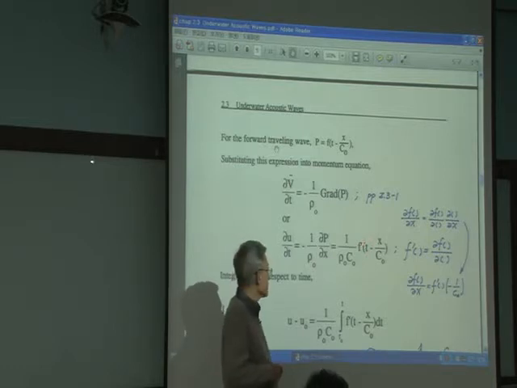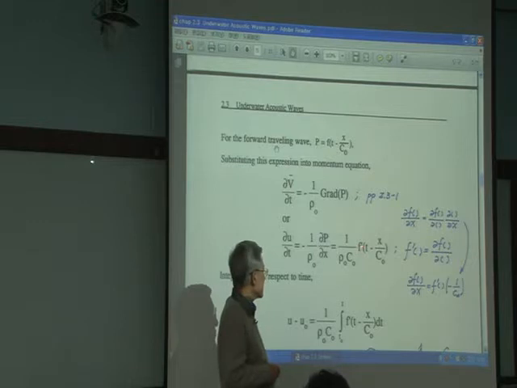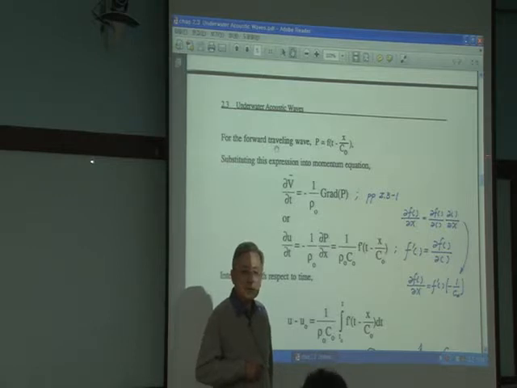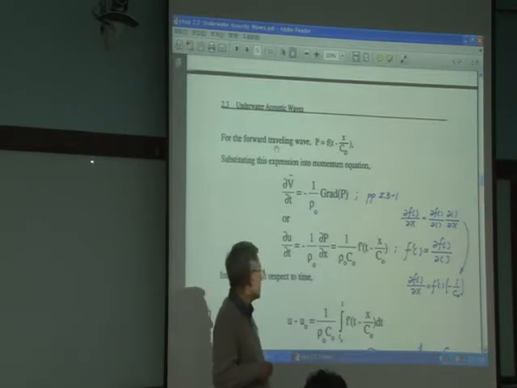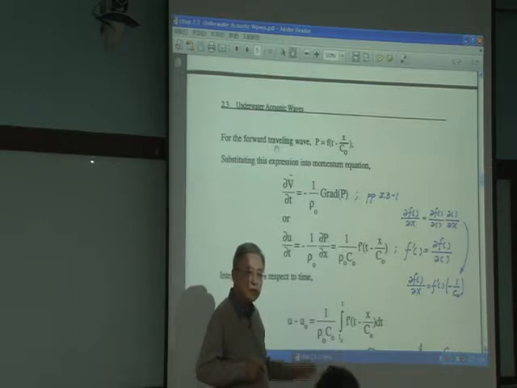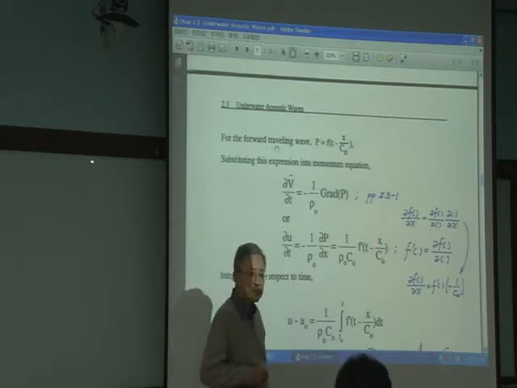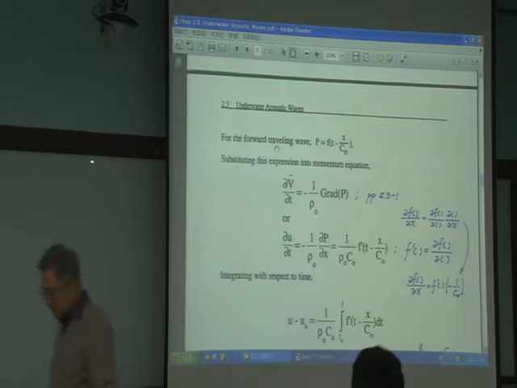It's very good because what I'm going to use later is to integrate to get expressions for P and U. That's what I want. So when you integrate, I can integrate with respect to the parenthesis, which can be done very nicely.